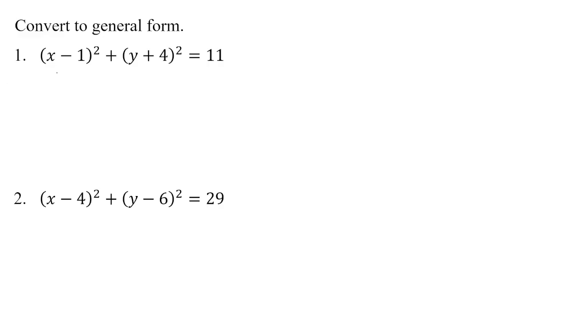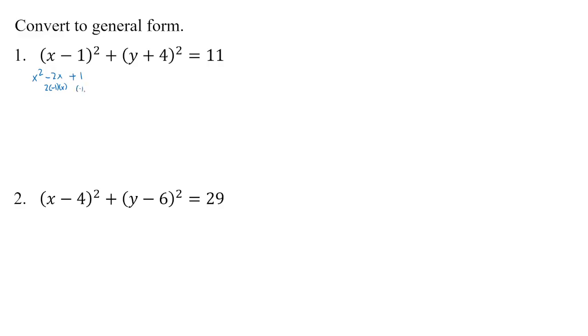To square x minus 1, you square your first term, or x. Then you multiply the product of the two terms by 2. So this would be negative 2x. And this comes from positive 2 times negative 1 times x. And then you would square your second term, which would be positive 1.